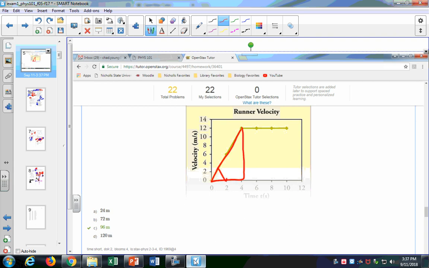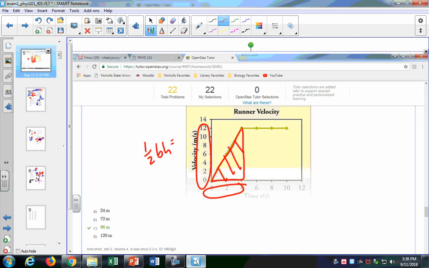I'd find the area of this part, half base times height. Make sure that you look at the units on the axis. I try not to give the same tick marks on both axes, so that if you count the squares, you'll get the wrong answer. I do that on purpose. You understand? So don't count the squares. Look at the axes.